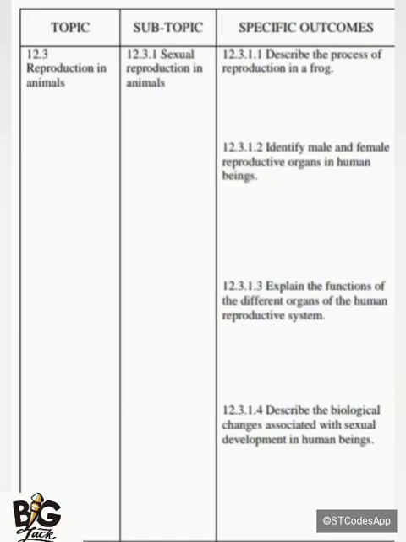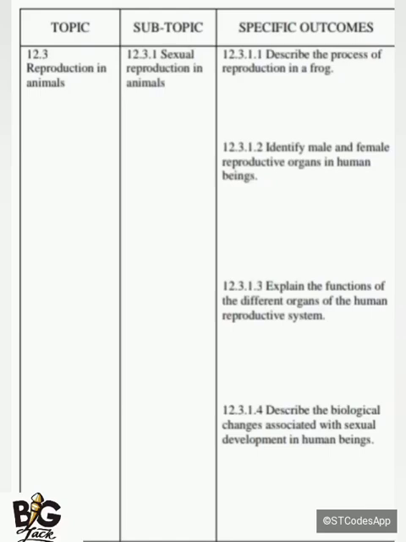So the first one I was saying, you need to describe the process of reproduction in a frog. In this part, you can even include the diagrams. There is no limitation here. I want you to celebrate. You need to include the diagrams showing how the frog develops into an adult.